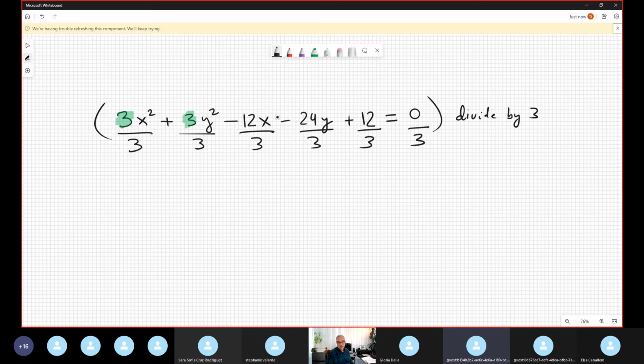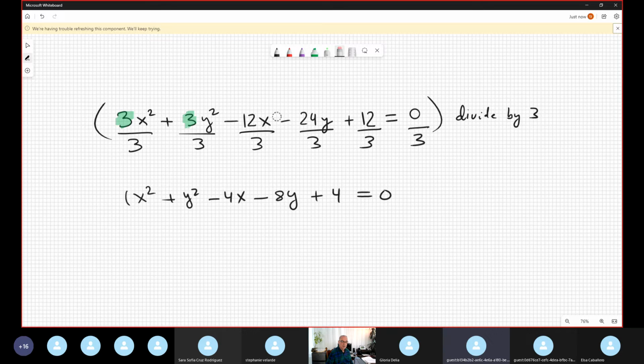But don't expect that this situation always happens. It's x squared plus y squared minus 4x minus 8y plus 4 equals 0, because 0 divided by 3 is 0. Okay. You have a nice equation with small numbers and coefficients 1 and 1.